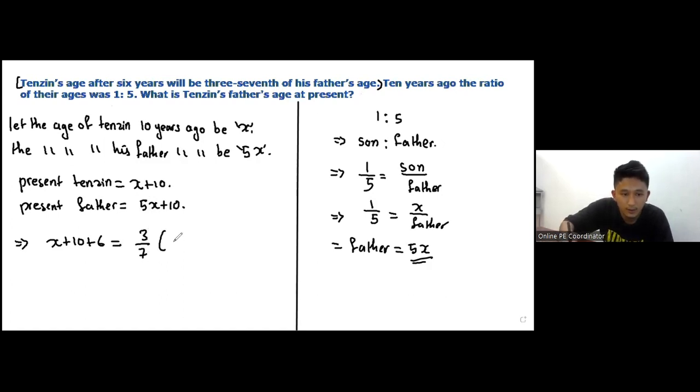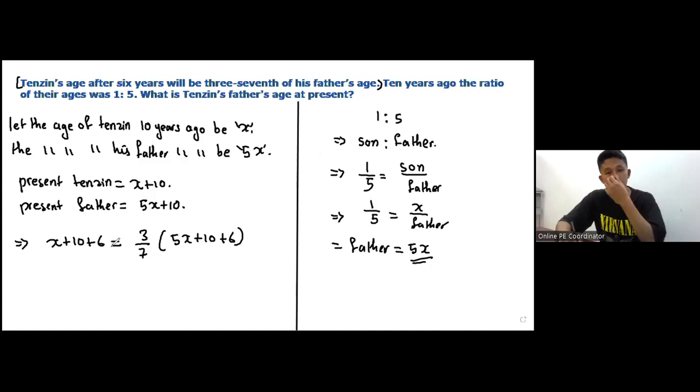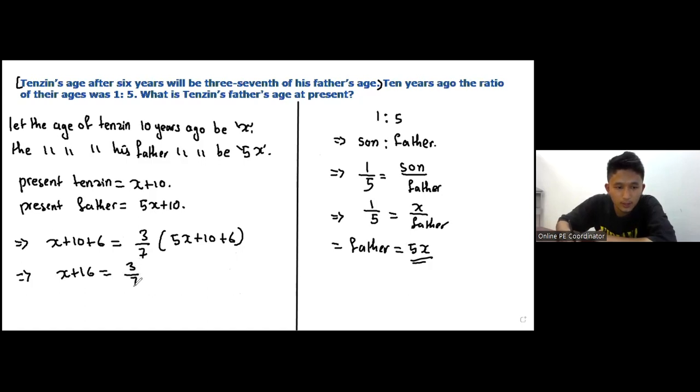The father's age is 5x plus 10 plus 6. Why 6? Because it is after 6 years. Now we are going to solve for the x value: x plus 16 equals 3/7 of 5x plus 16.